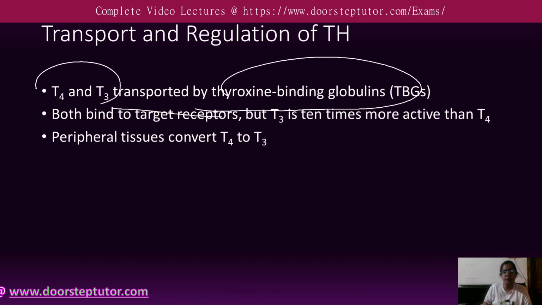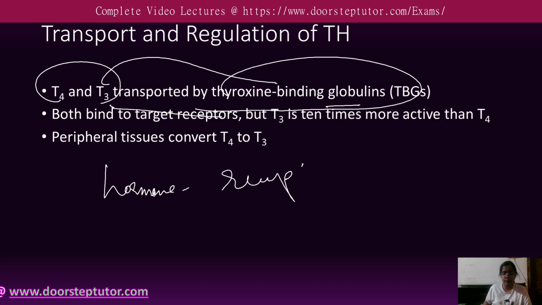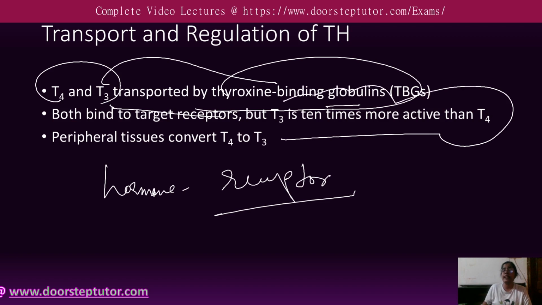Globulin is a protein. Obviously, if it is a hormone, it will bind with its receptors present in the blood. T3 is 10 times more effective. Even T4 is converted into T3 later on with the help of some enzymes, which I'll tell you in the mechanism part. This is very important to understand the regulation and functioning of the thyroid hormone.